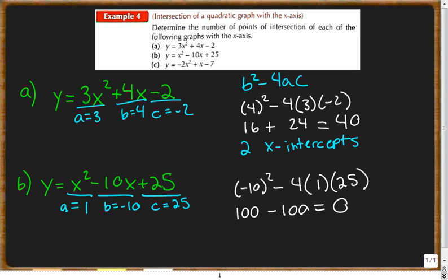So this is an equation that has a discriminant of 0. That means that it has only one real solution. It's a double root, so it's technically 2 solutions that are the same. But when we talk about graphs, that means it's only going to have 1 x-intercept.